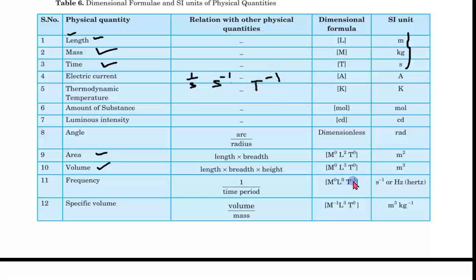Time inverse does not involve length and mass, so they have 0 powers. That we have to know. Frequency is per second, and its SI unit, we already learned about SI unit, is hertz, that is Hz in short form.